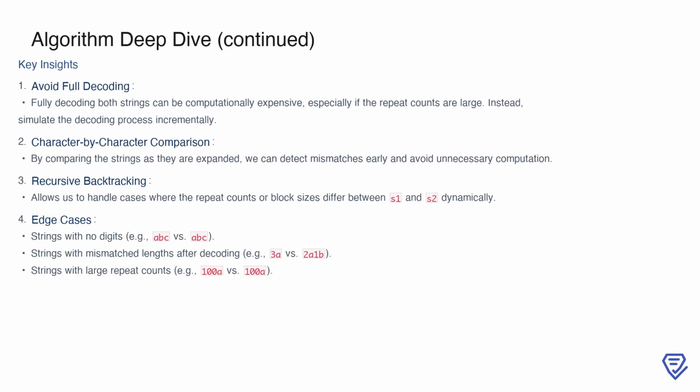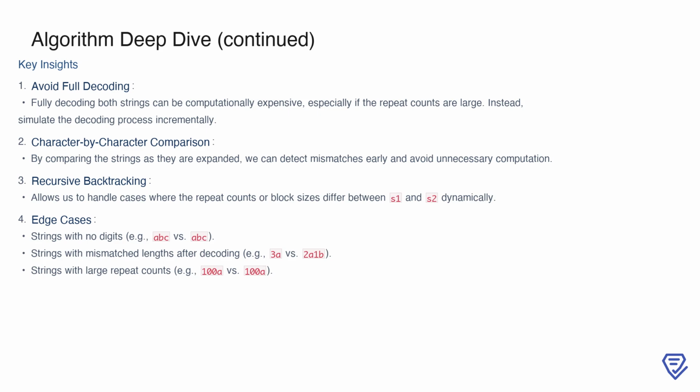There are a few key insights that make this algorithm effective. First, we avoid fully decoding the strings, which can be computationally expensive, particularly when the repeat counts are large. Instead, we simulate the decoding incrementally to save time. Second, the character-by-character comparison helps us catch mismatches early, reducing unnecessary computation. The recursive backtracking approach is another highlight, as it dynamically adapts to differences in the repeat counts or block sizes between the two strings.